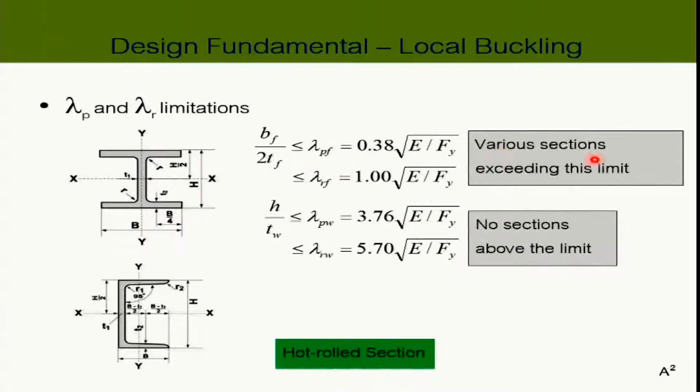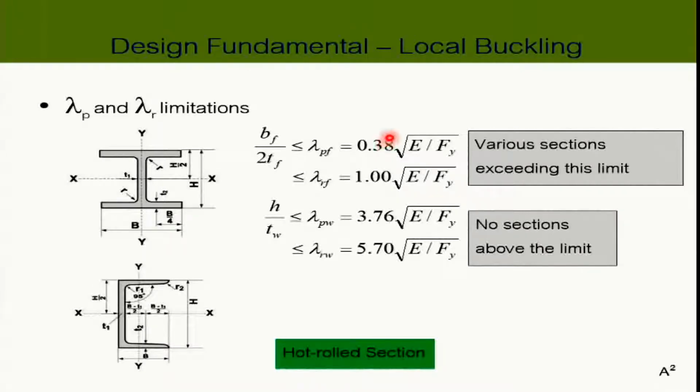So that's why the limits are different. But for the web, it's much higher, you see? Because the web now has both tension and compression. So it is very, very difficult to buckle. And that is why the limit in the web is so high, but not the limit in the flange.